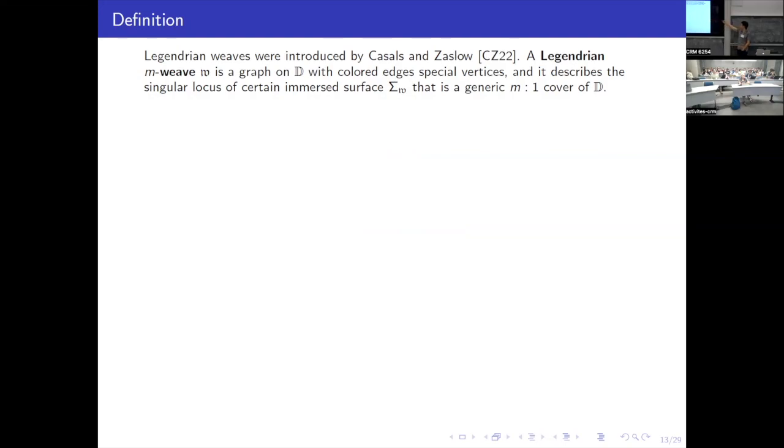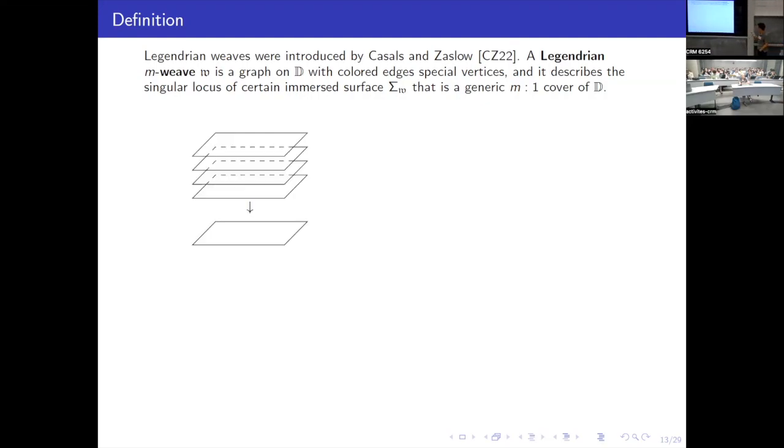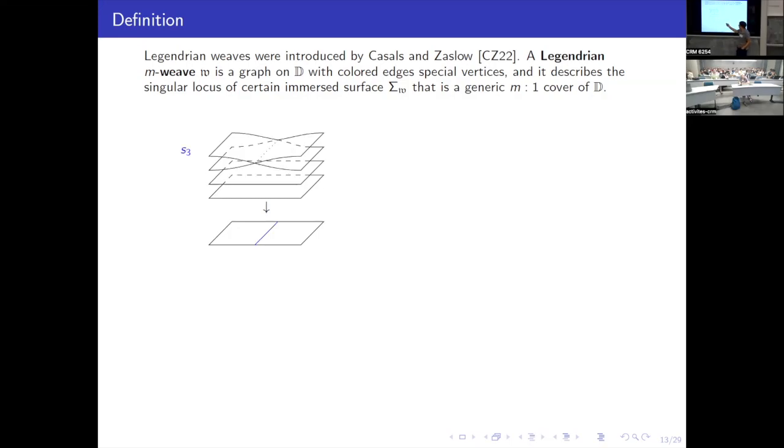There's a generic m-to-1 cover, so the m matches up with the m in m-weave. Sometimes I'll call it the m-weave to note that it's an m-to-1 cover. What I mean by that is, here it's going to be a 4-to-1 cover. And if you see an edge here with color blue, right?